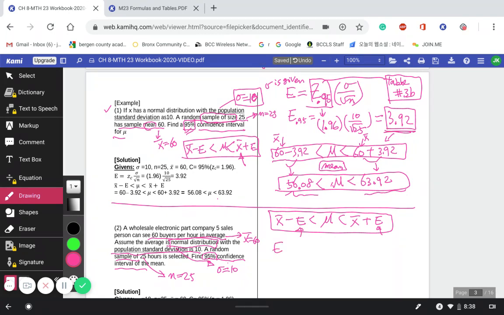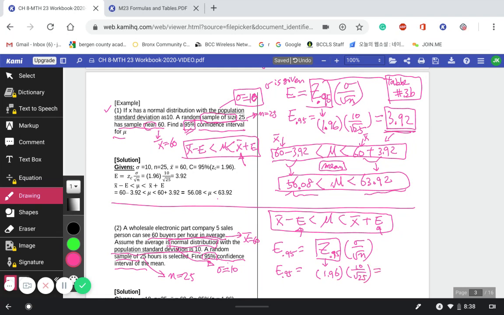To find the E of 95%, you have to find the critical value of 95% times sigma over square root of n. So E of 95% is the critical value of 0.95, which was 1.96 again, times sigma, which was 10, divided by square root of 25.